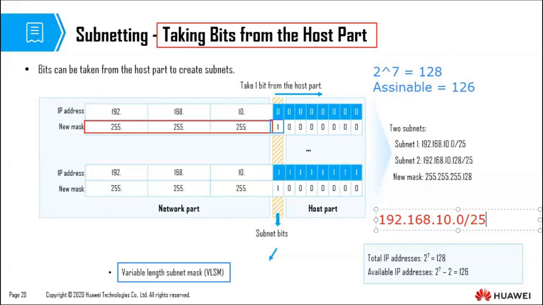That's why we are calling it variable length subnet mask, because it's not using the default subnet mask. We've borrowed a host bit and converted it to a network bit. Are we together?